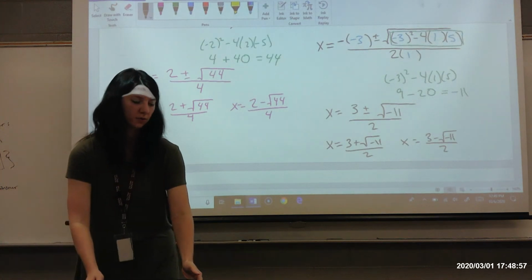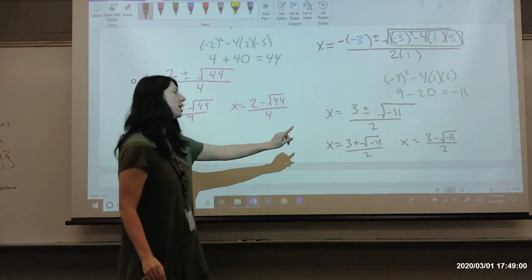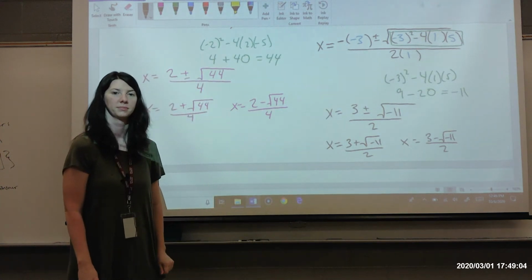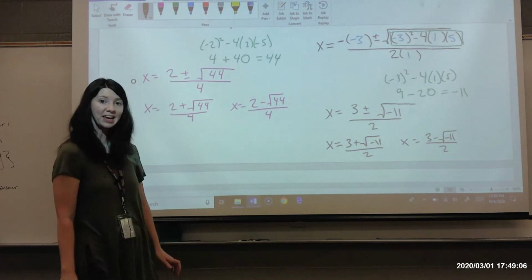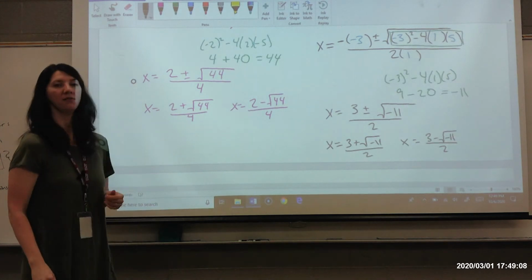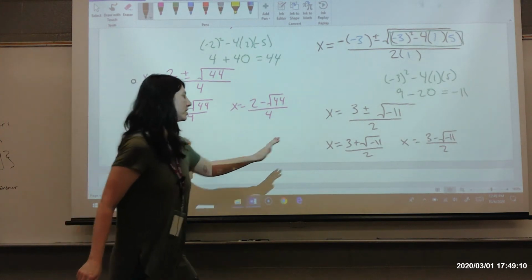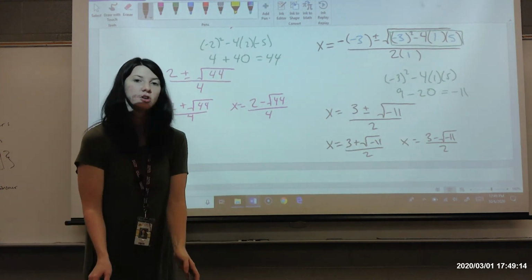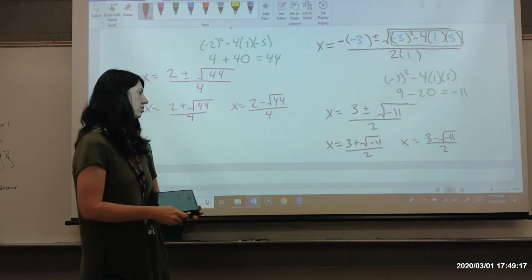Do you know what the problem is? Look underneath our square root. Can you take the square root of a negative number? You can't. You can't take the square root of a negative number. Right? So this poses a problem. If we tried to plug that in a calculator, we wouldn't get a decimal answer. So this isn't giving us an x-intercept, okay?